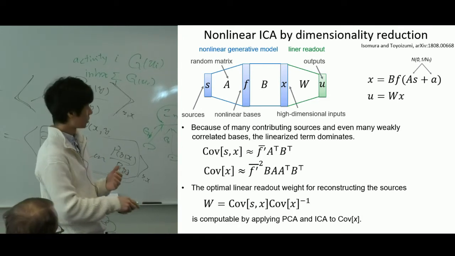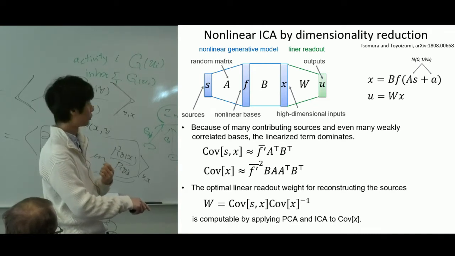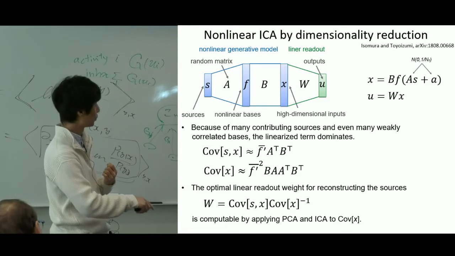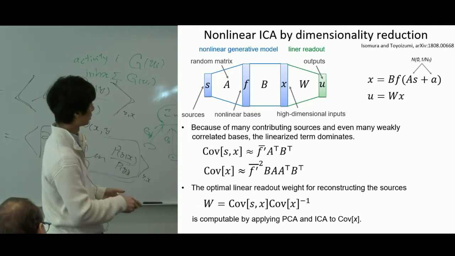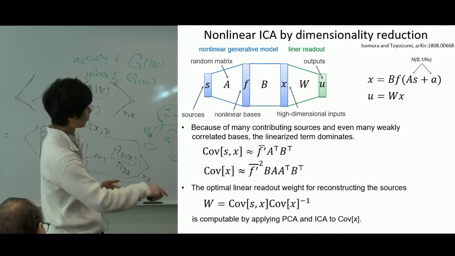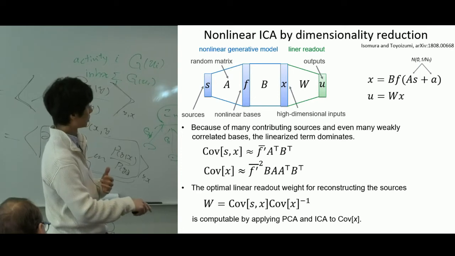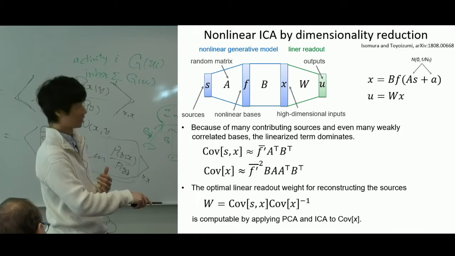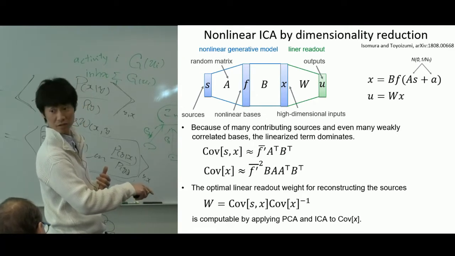The question is, we don't observe S directly. It's hidden. We only observe X. Can we compute this optimal linear weight? If this holds, it's actually possible, because this covariance of X you can directly observe, and you want to compute this factor, but this factor is basically the half of this input covariance.